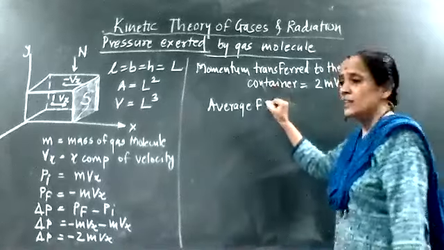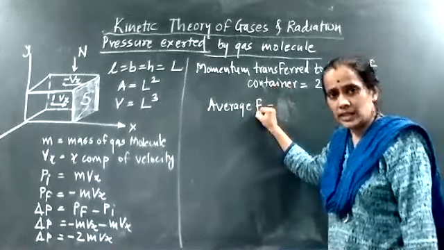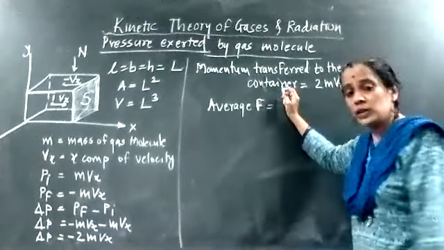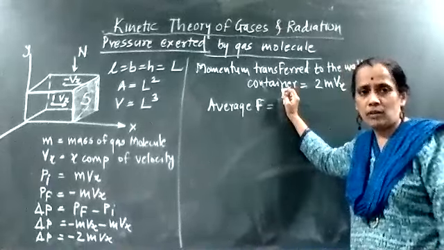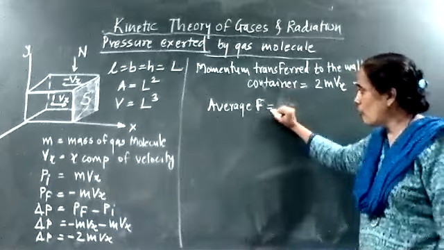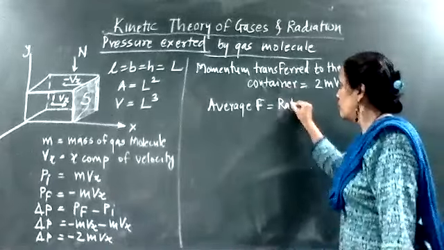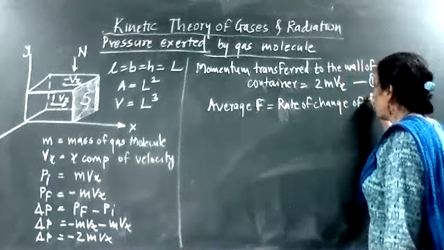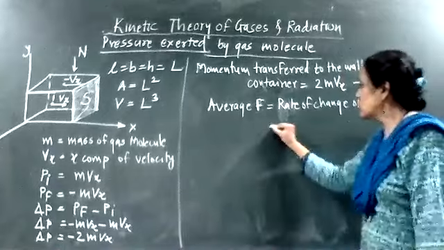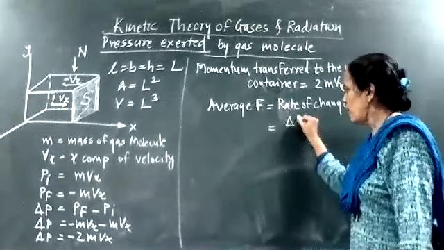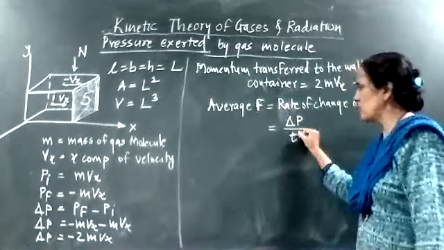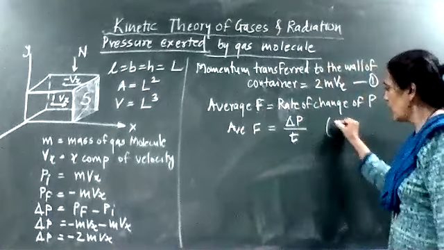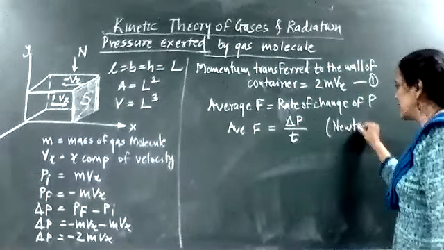According to Newton's second law, force is nothing but the rate of change of momentum. So the average force is the change in momentum divided by the time required.